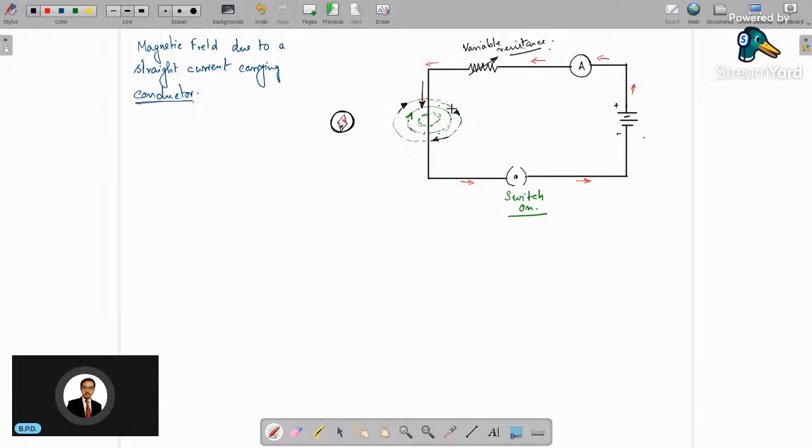So there must be some relationship between the magnetic field generated by the conductor due to flow of current within it.